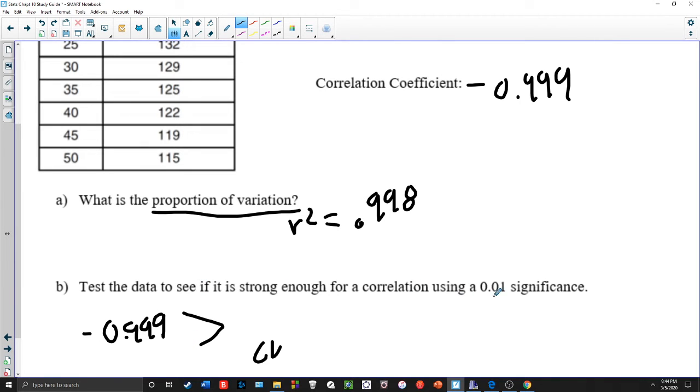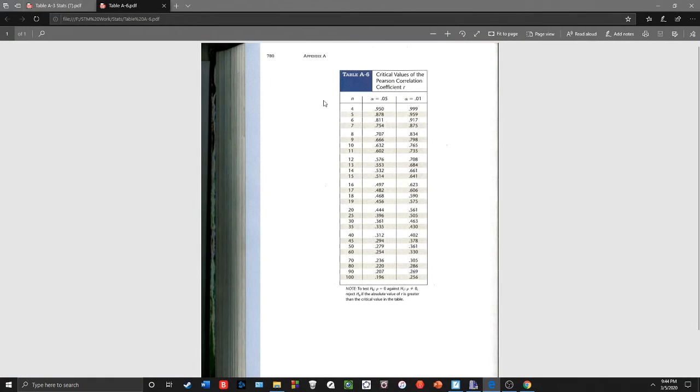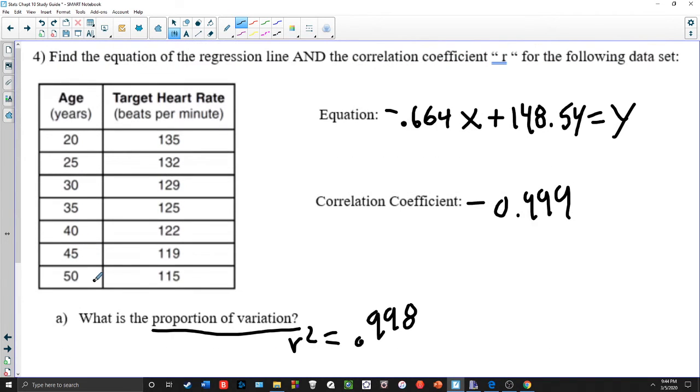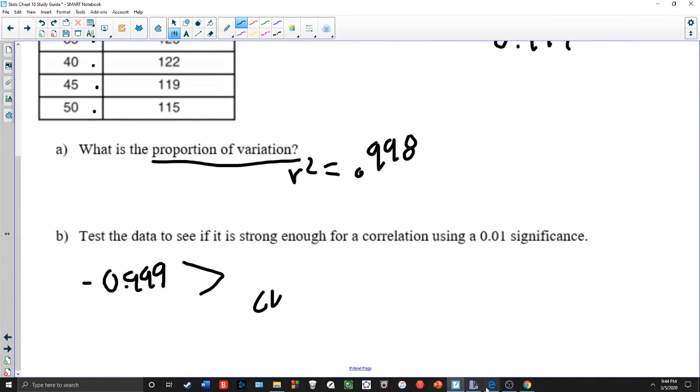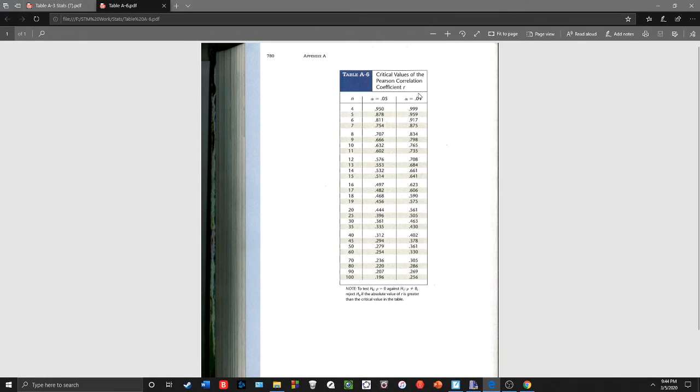So we're going to go to table A6 and use 0.01 as our significance. It doesn't say how many we surveyed, so let's go back and look. So we have 1, 2, 3, 4, 5, 6, 7. So we have 7 people. And so that means we're going to have 0.01, 7 is our n. To find out where they cross, we get 0.875.